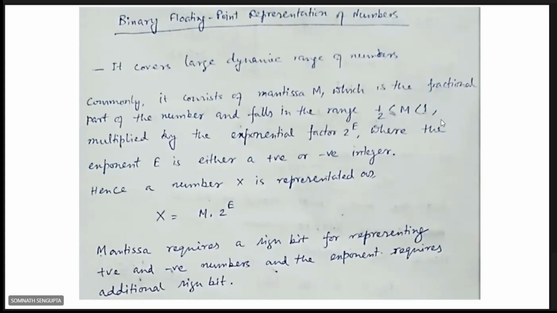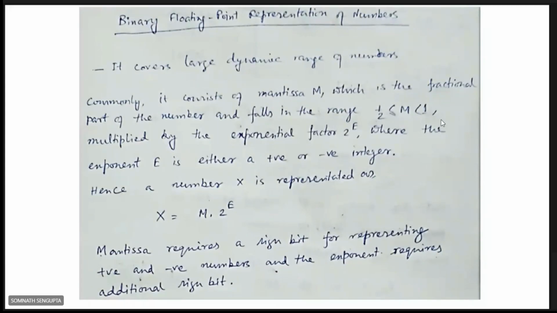This is about the mantissa part, whose magnitude should be more than or equal to half and less than 1. Less than 1, because if it is equal to 1, then it would have been a negative number. So we are not allowed to make it equal to 1.